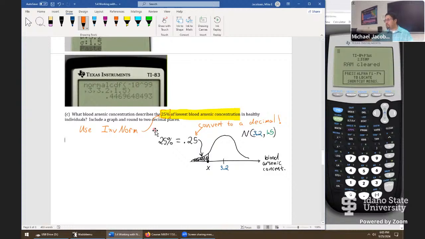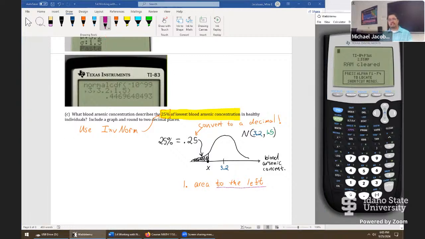Okay, well, inverse norm is an interesting function. It only takes 3 inputs. Input 1 is going to be area to the left. Let's underline that. This deserves a lot of emphasis. This calculator only accepts area to the left, and this is where it depends on the model of calculator you've gotten.